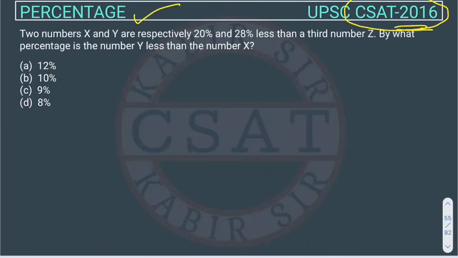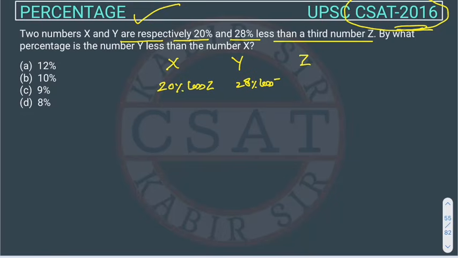The question is: two numbers X and Y are respectively 20% and 28% less than a third number Z. So there are three numbers X, Y, Z. X is 20% less than Z, and Y is 28% less than Z. Let's assume Z is 100.